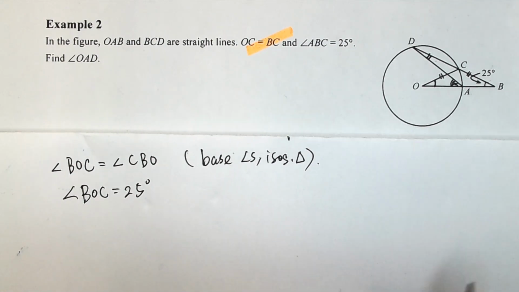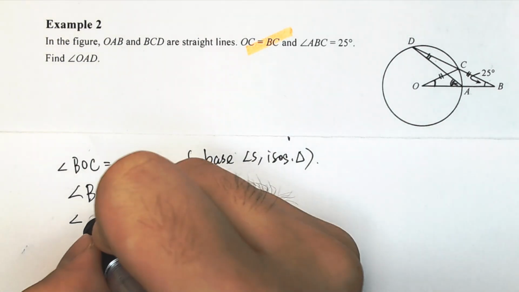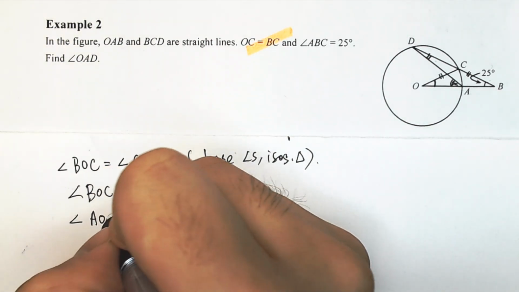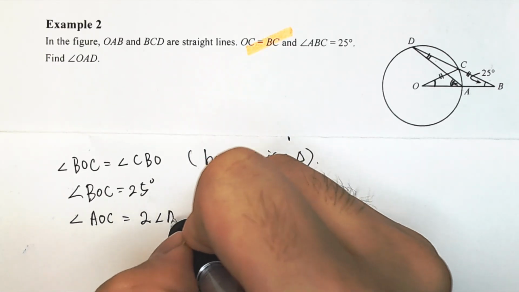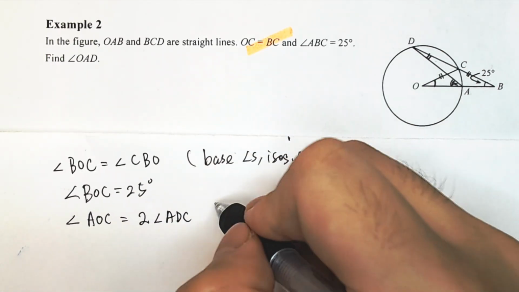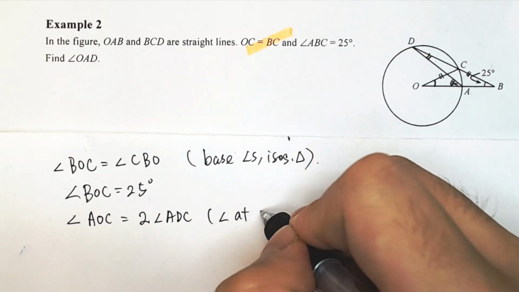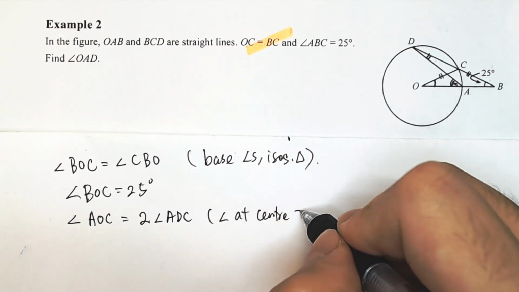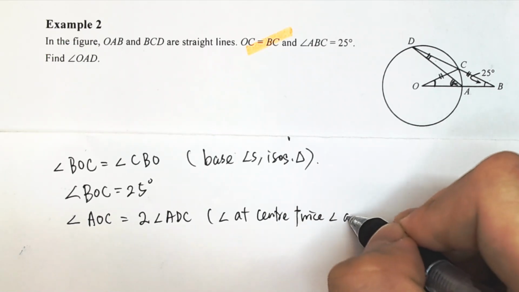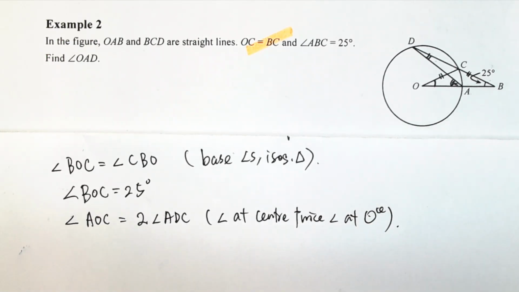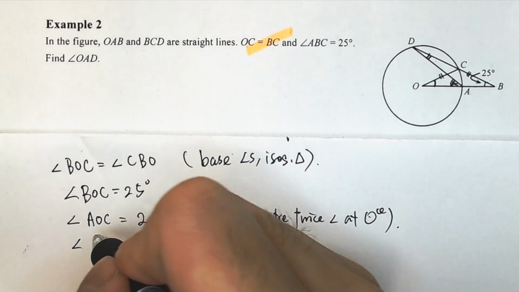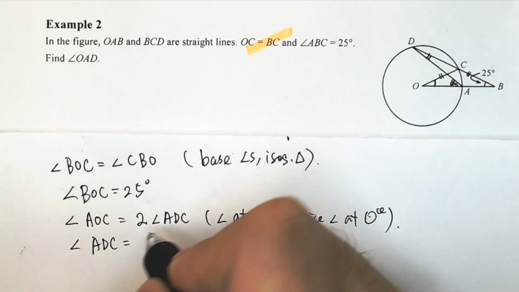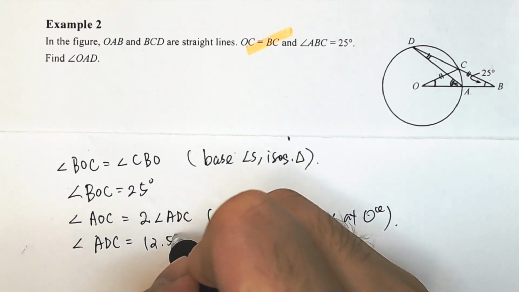And number 2, angle AOC is equal to 2 times angle ADC. We have angle at center twice angle at circumference. And thus angle ADC is equal to 12.5 degrees.